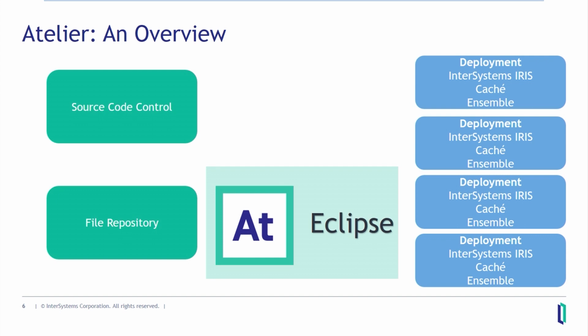The view is really different. The source of truth is now a file system, no longer the Cache or Ensemble instance. Really thinking about this often helps answer questions about how to go forward with a specific aspect.